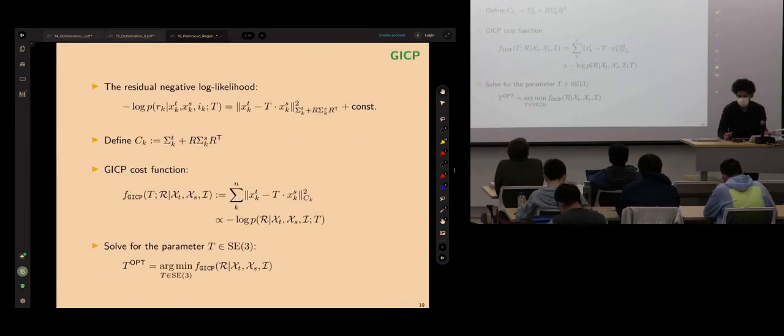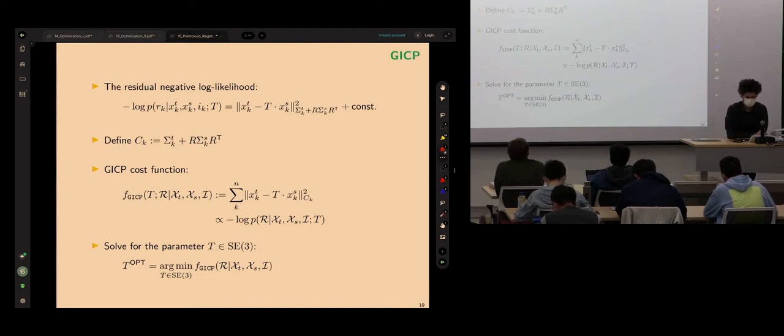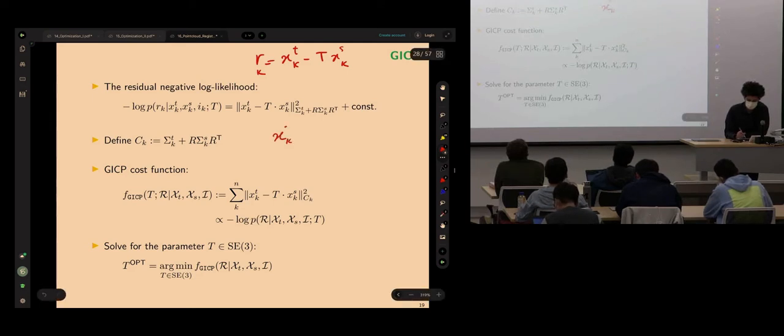So, now GICP has a probabilistic notion behind it. And in that sense, it's really solving a maximum likelihood problem. The residual, which is the difference between your target point minus transformed source point. First of all, we assume that each point is distributed with some mean value and some covariance.